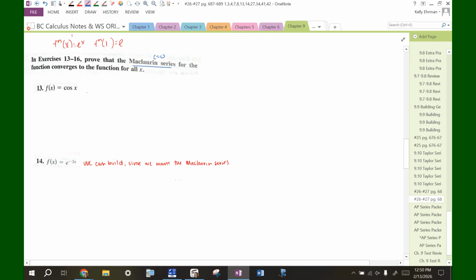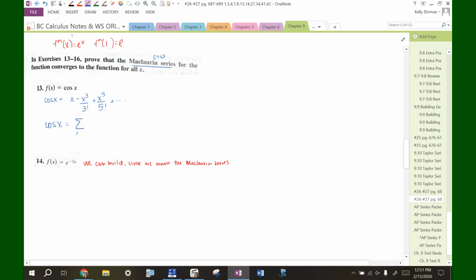So to do that, we need to remember what our Maclaurin series is for cosine x. So remember, cosine x is the one that generates your odd terms. So it's like x minus x cubed over 3 factorial plus x to the 5th over 5 factorial plus da da da. So what is the series?